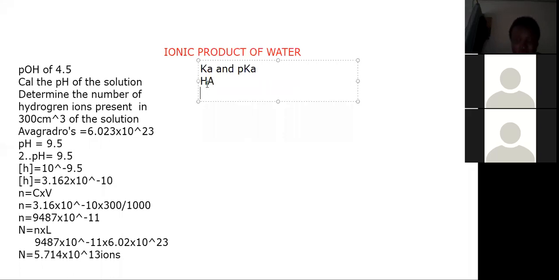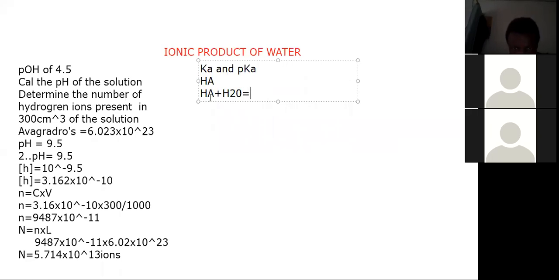Now, when our weak acid, which is our HA, comes into contact with water, which is H2O, what we are going to get, this sign is supposed to be the equilibrium sign, the reversible sign. Bear with me, this H will come and add to the water. Because the whole of this is an acid, this shows that it's an acid.